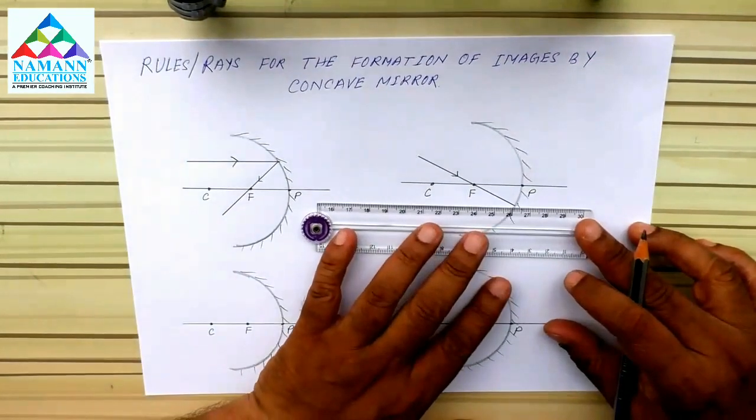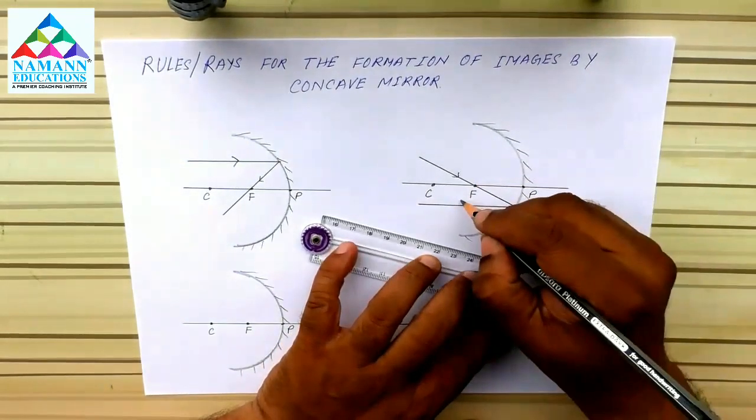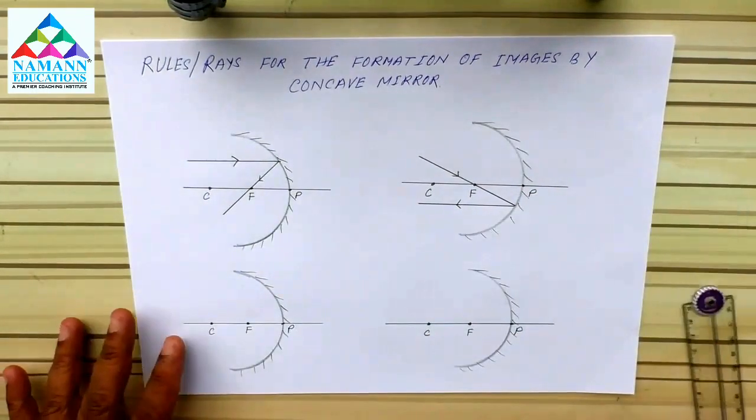This light ray after reflection will become parallel to the principal axis.